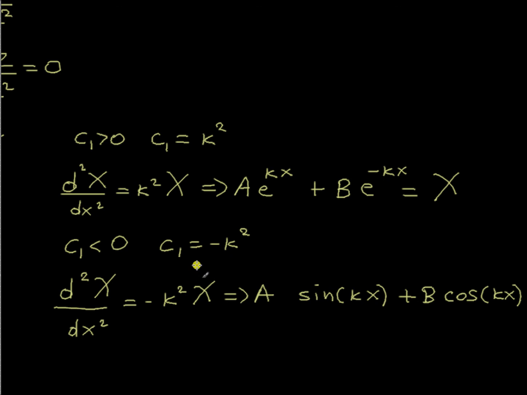I do want to let you know that it is extremely useful to take notes in your notebook and be able to refer back to them, because you're going to be doing this a lot. You don't have to really remember everything. Once you see your differential equation is k squared x, hopefully you remember that e to the kx is what can satisfy it. In the case where you have minus k squared, just remember sine and cosine are the two functions that satisfy this differential equation.